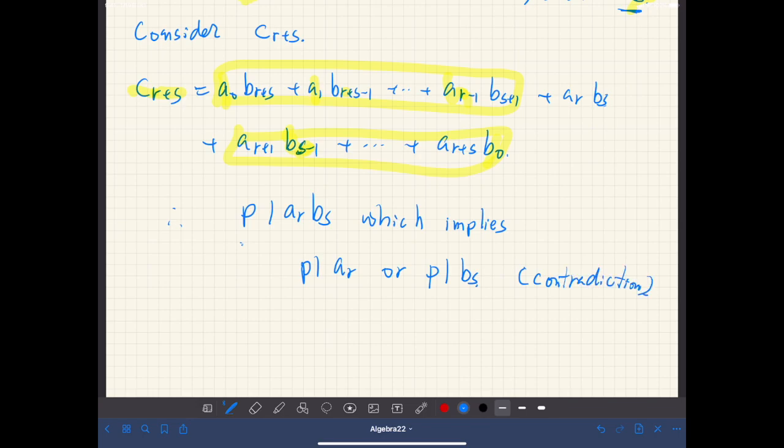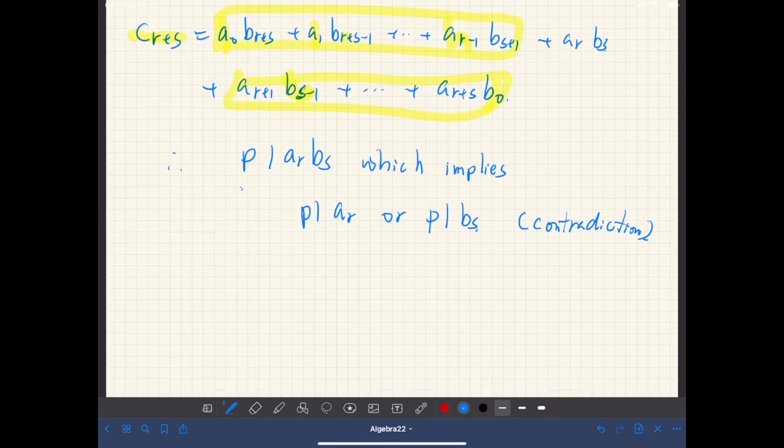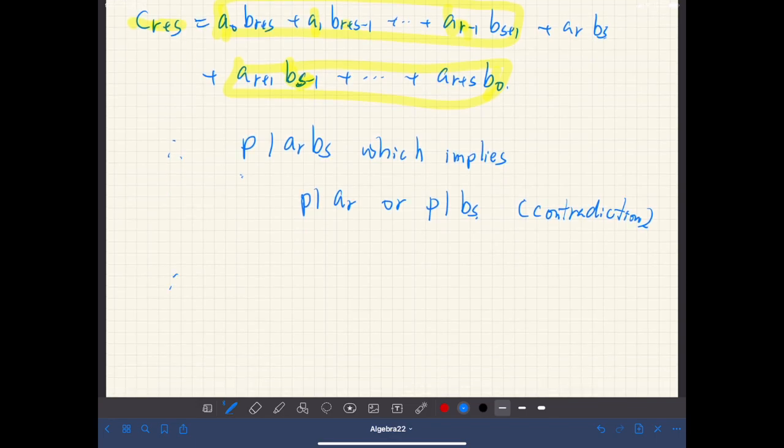Because by assumption, p cannot divide ar or bs. Therefore, this is a contradiction. So after all, f of x times g of x is primitive. And we are done.